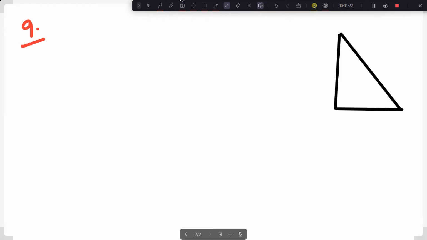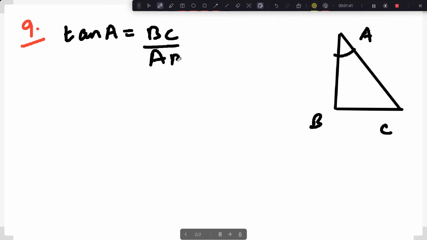So the question is: right angle at B, tan A is equal to 1 by √3. So what is tan A? BC by AB. This is equal to 1 by √3. So if we put this as k, this as √3k, so what will this be?